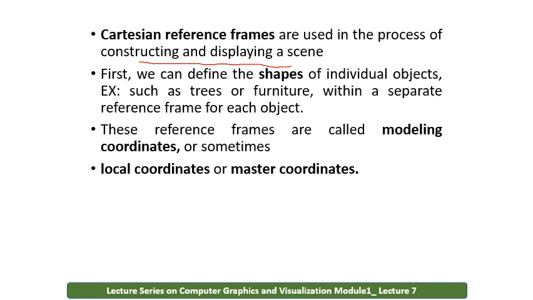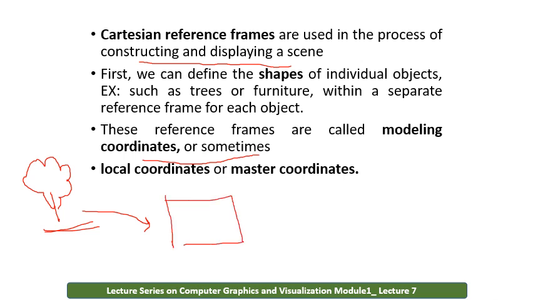These reference frames are called modeling coordinates. Initially, whatever tree we want to draw has its specified coordinates. Those coordinates are converted and displayed on the monitor in the form of a tree. Now the particular image has been drawn on the monitor.